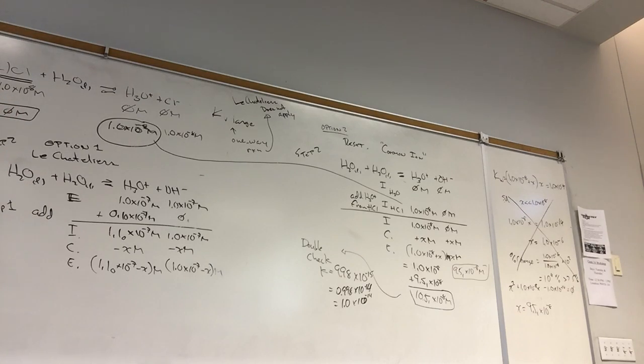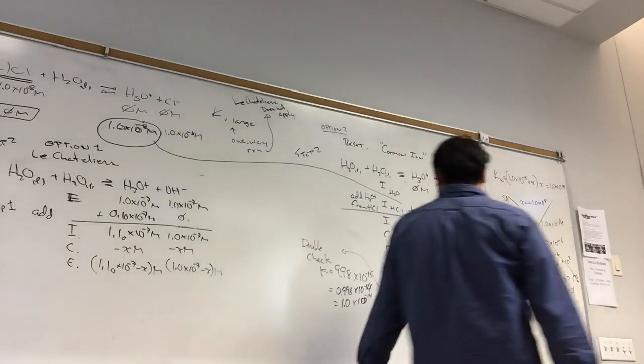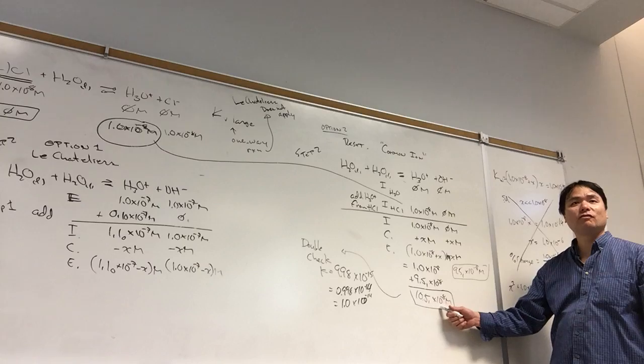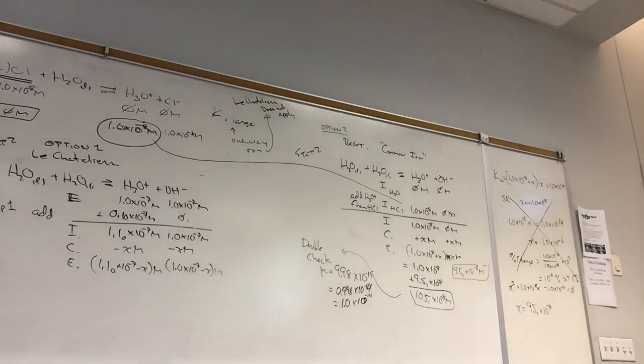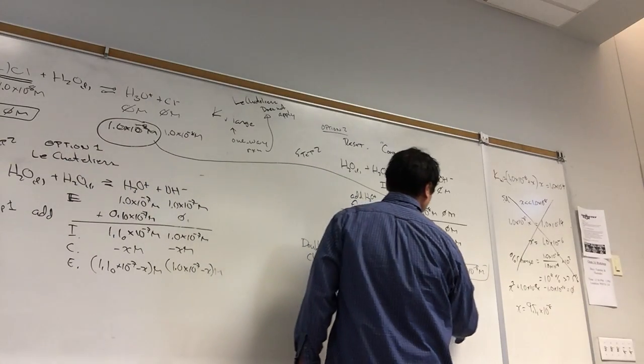And then I go on to the hydronium ion concentration. What is the hydronium ion concentration in my HCl? Is it 1.0 times 10 to the minus 8? No. Is it 9.51 times 10 to the minus 8? No, it's 10.51 times 10 to the minus 8. And so the hydronium ion concentration, 10.51 times 10 to the minus 8 molar, comes at the end of step 2.